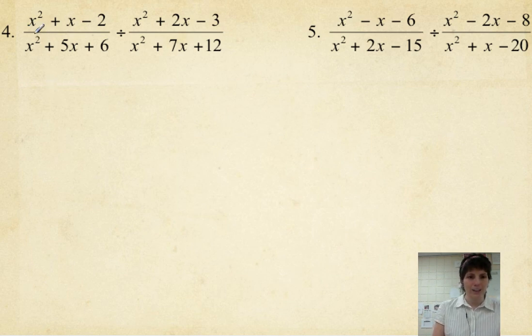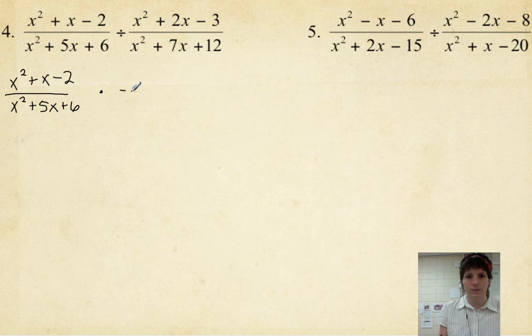So in number 4, it's a fraction divided by a fraction. So my first step is to change to that fraction times the reciprocal.